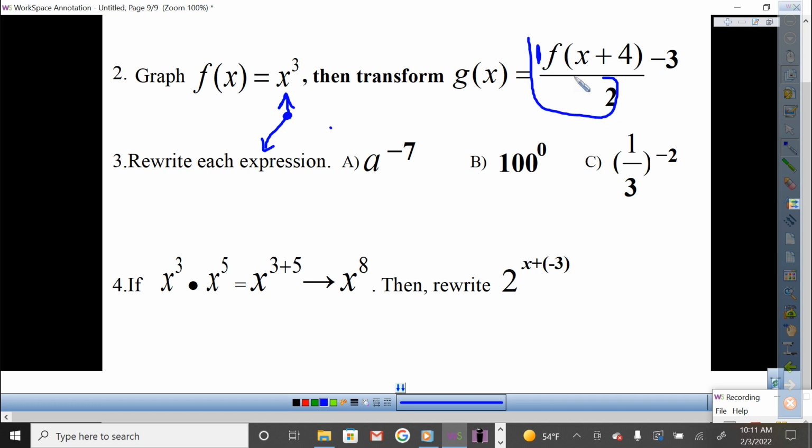That means we need to get rid of this denominator by putting a 1 there. So this becomes g of x equals 1/2 f of x plus 4 to the 3rd power minus 3. So we know it's going to go 4 to the left and 3 down. Is that correct? All right, so what's the only thing that we need to worry about? This. What is that going to do to our original function? Tell your neighbor, please.